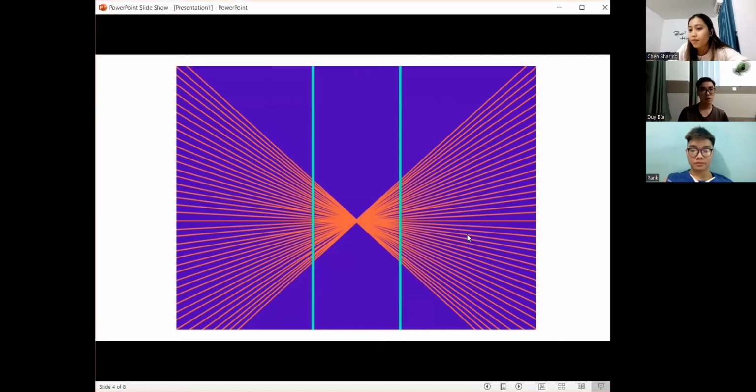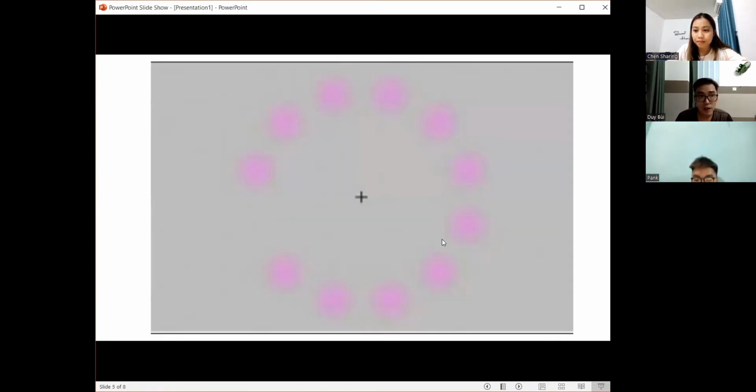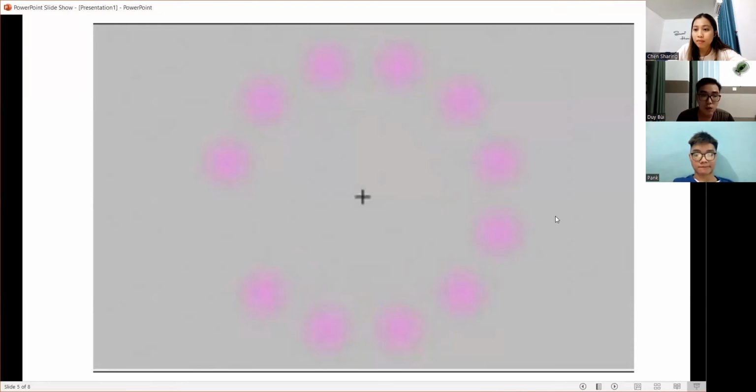Okay. Wow, that's amazing information. This picture is called the pink spot. The image consists of light pink dots arranged in a circle with a cross in the center on a gray background. If you focus only on the cross, the pink spots will disappear, leaving a gray background.